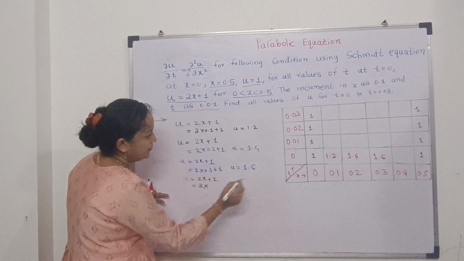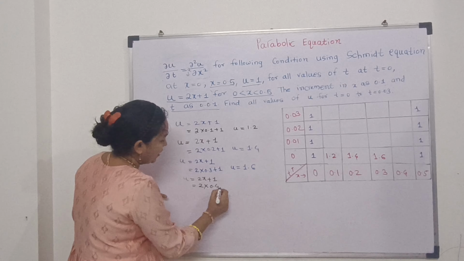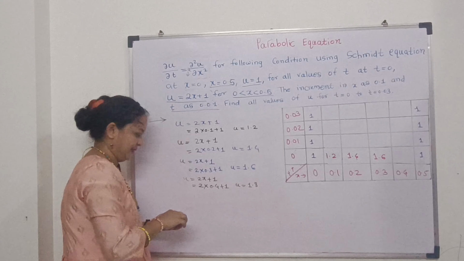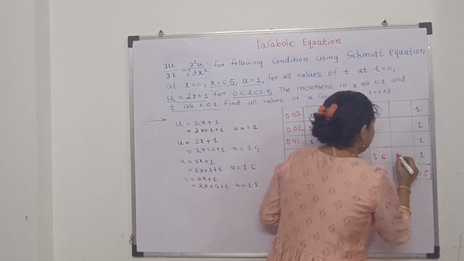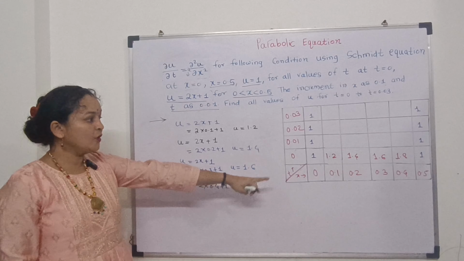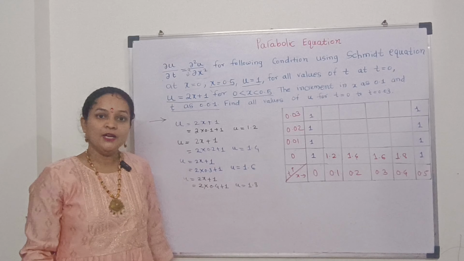So 2 multiplied by 0.3 plus 1, and you get u equal to 1.6. Write that here. For the next value, u is 2x plus 1, so 2 multiplied by 0.4 plus 1, and u becomes 1.8. You can write 1.8 here. These are all the initial values that you must know.